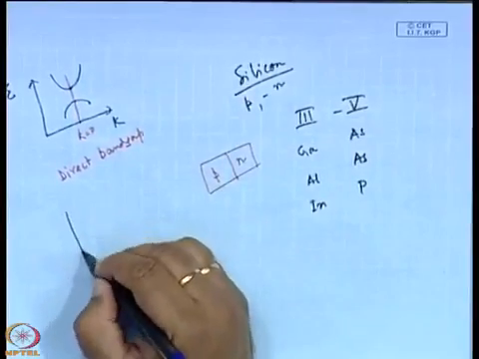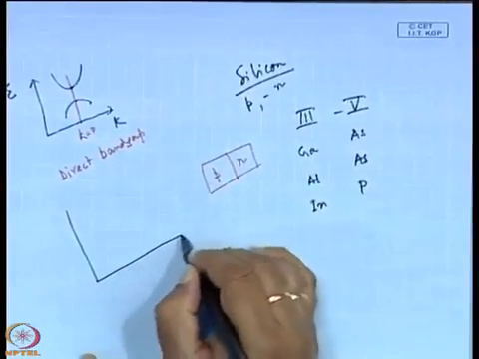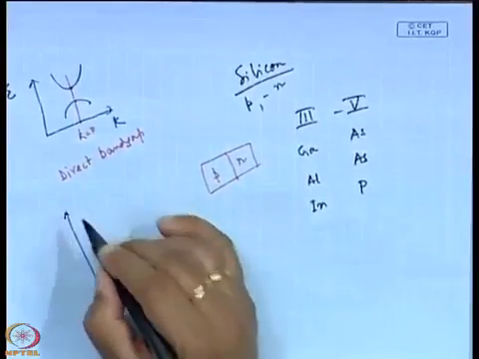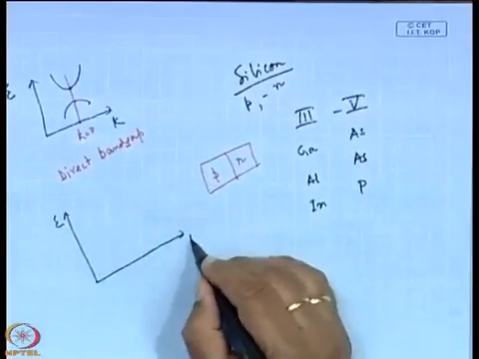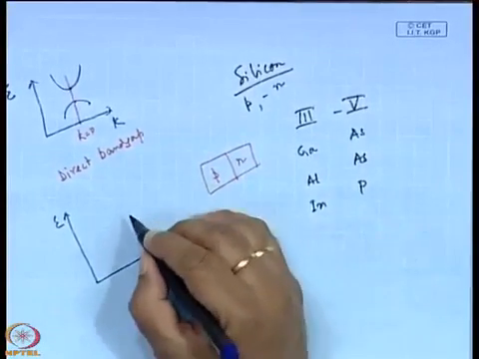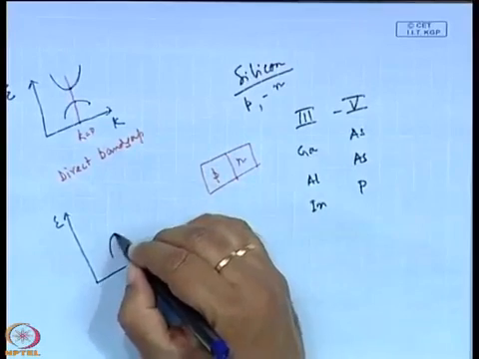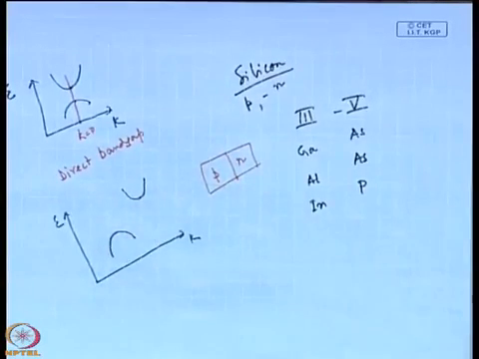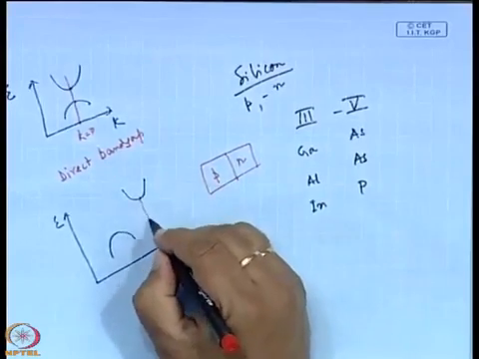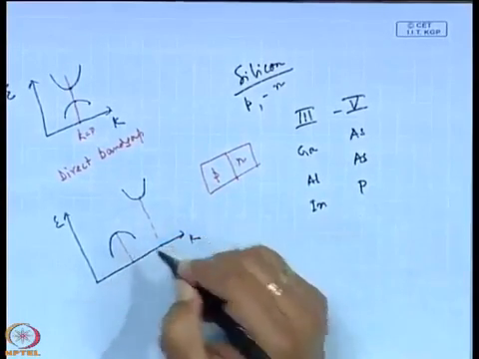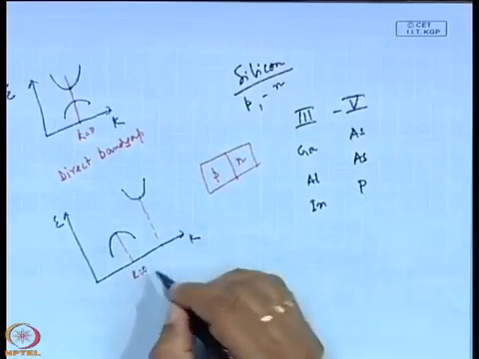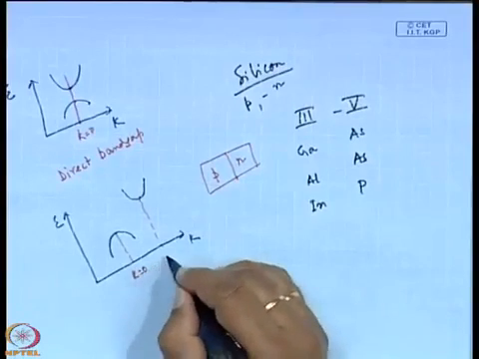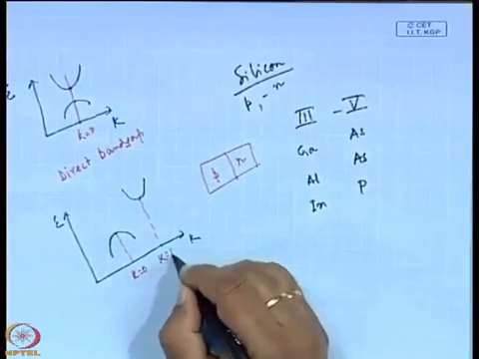Now, if you plot the indirect band gap semiconductor in the same frame, E versus K, then the conduction band minima and the valence band maximum have different K values, say K equals 0 and K equals K dash.